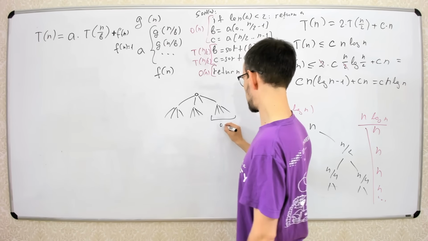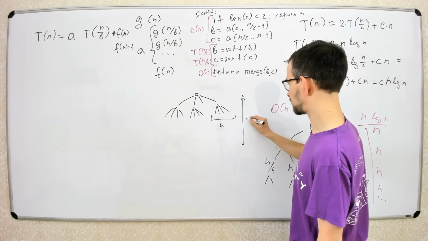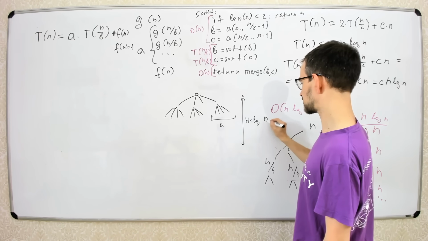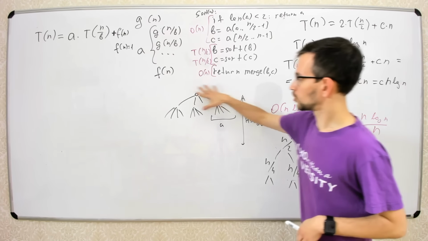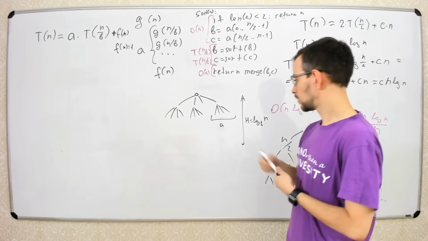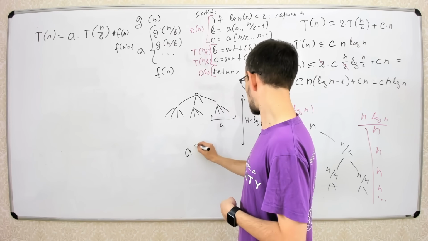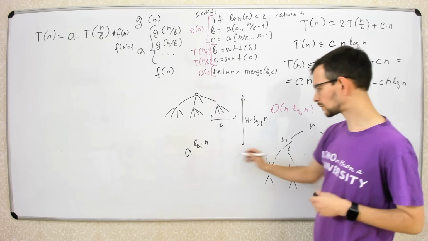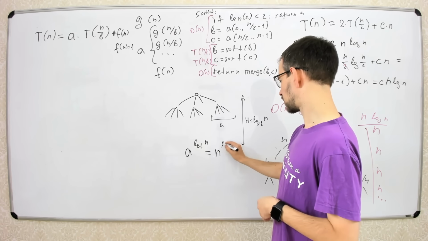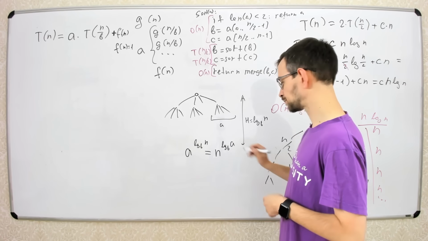So each time you have a recursive calls, and the height of the tree will be equal to log n base b. Right? So the total number of elements in this tree will be a to the power log base b of n, which is equal to n to the power log base b of a.